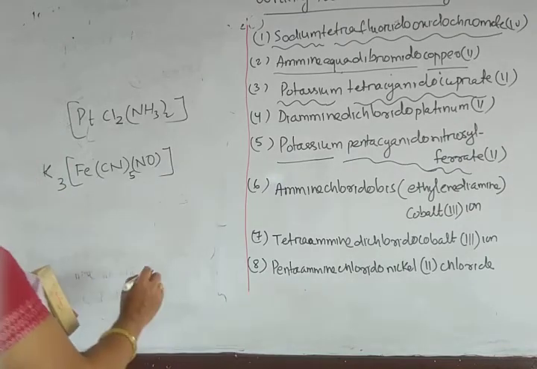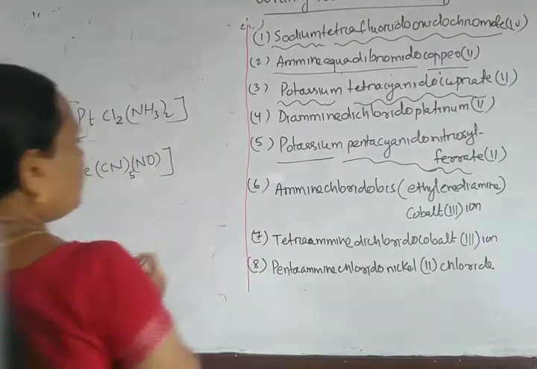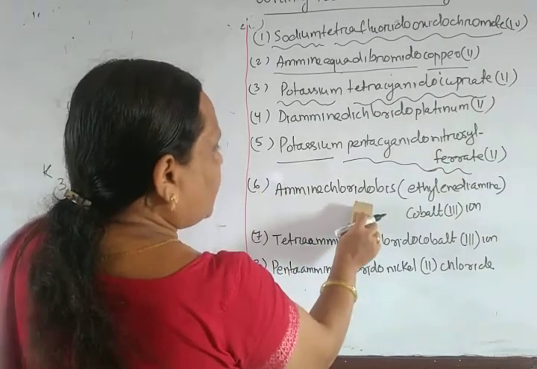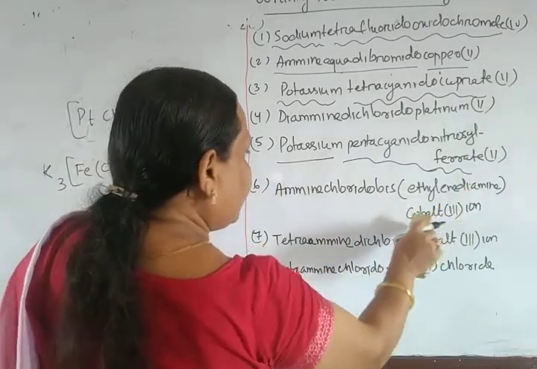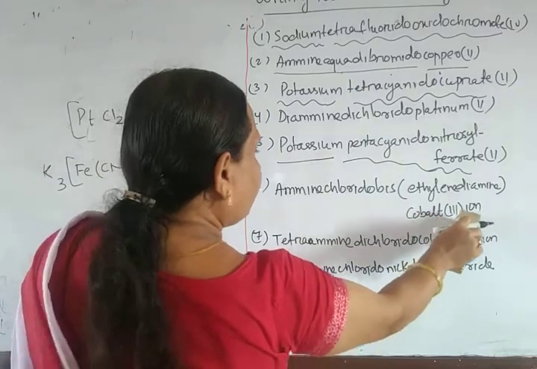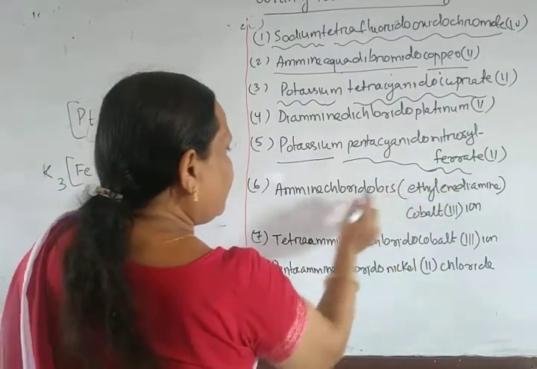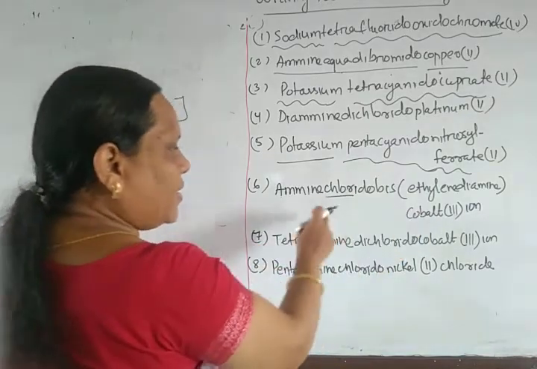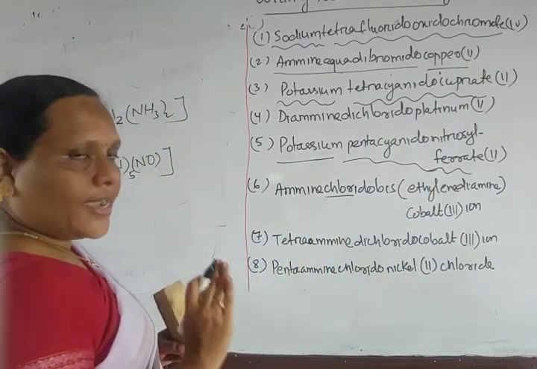Next come to question number 6. Amine chlorido bis ethylene diamine cobalt 3 ion. Ethylene diamine and chlorido, so this is an ionic part. It is not in the negative part, it is in the positive part.